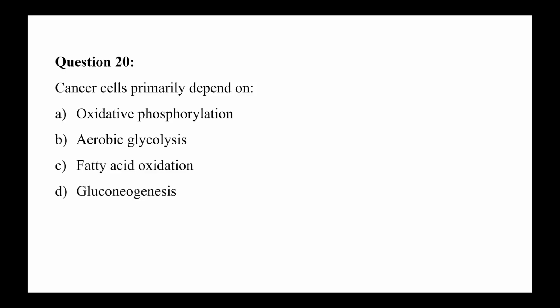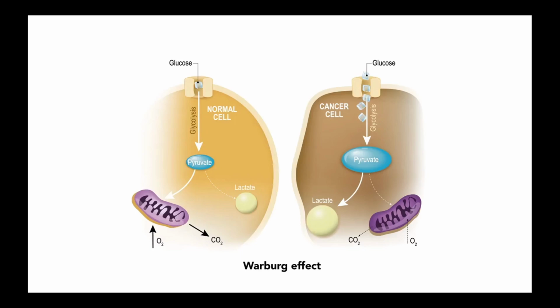Yes. So unlike normal cells, cancer cells actually depend on aerobic glycolysis for their energy demand. Normal cells undergo oxidative phosphorylation for the ATP production, but cancer cells do not. This was found by Warburg, and the effect is called Warburg effect.